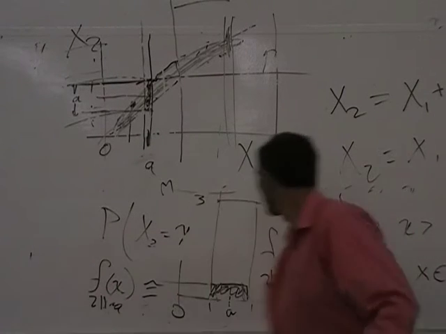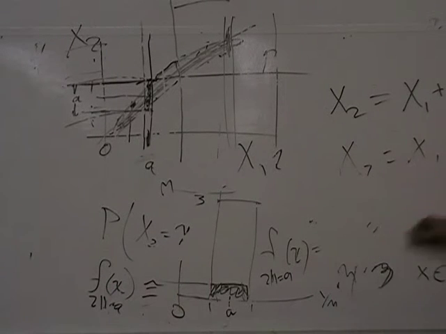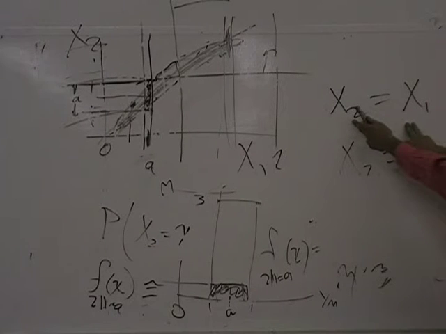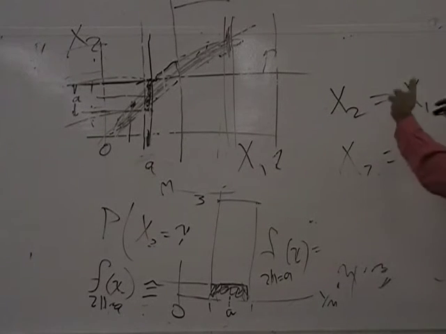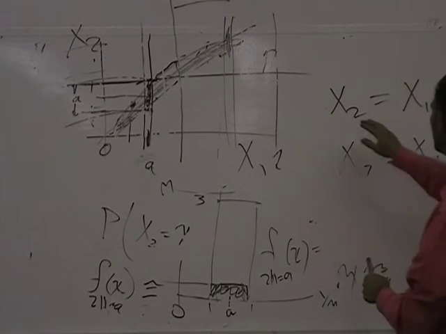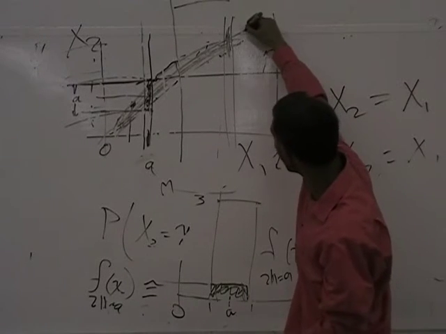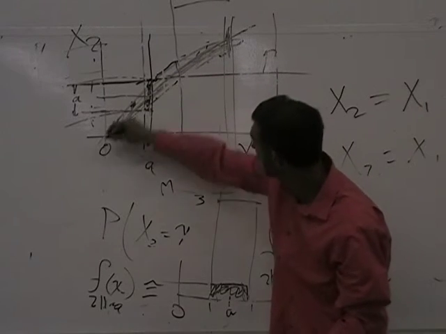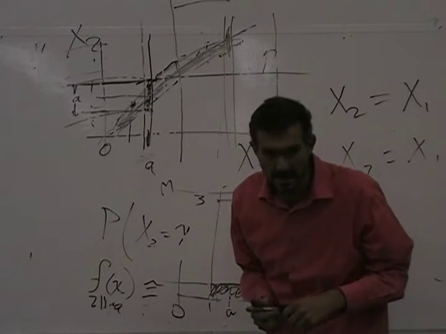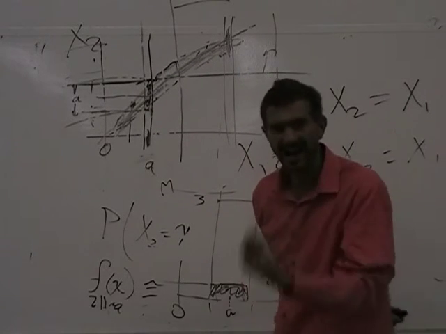So what we've got here is the equation of a line that doesn't represent anything of actual data.